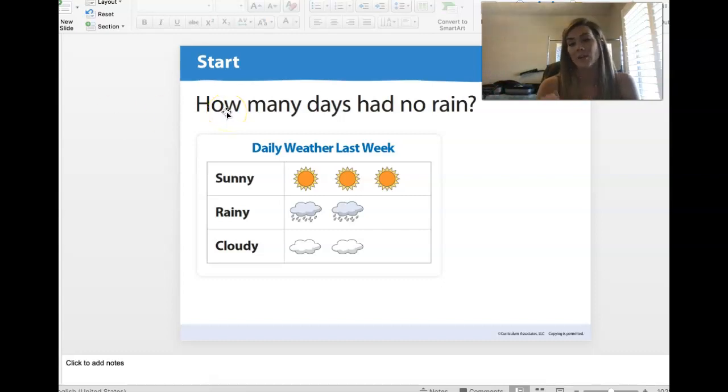So if you said there were 5 days that didn't have rain, you are correct. 5 days without rain. So sunny days, daily weather last week, sunny we had 1, 2, 3, and cloudy days we had 4, 5. So 5 days without rain.